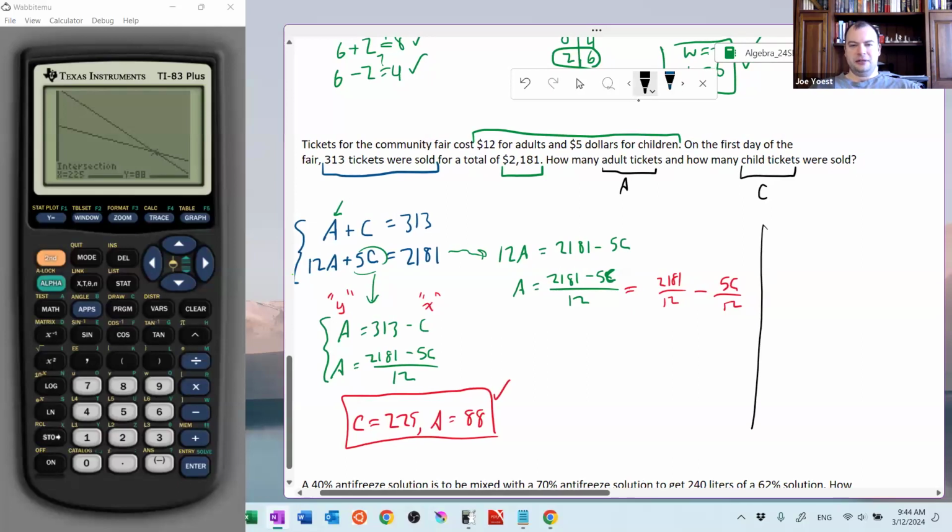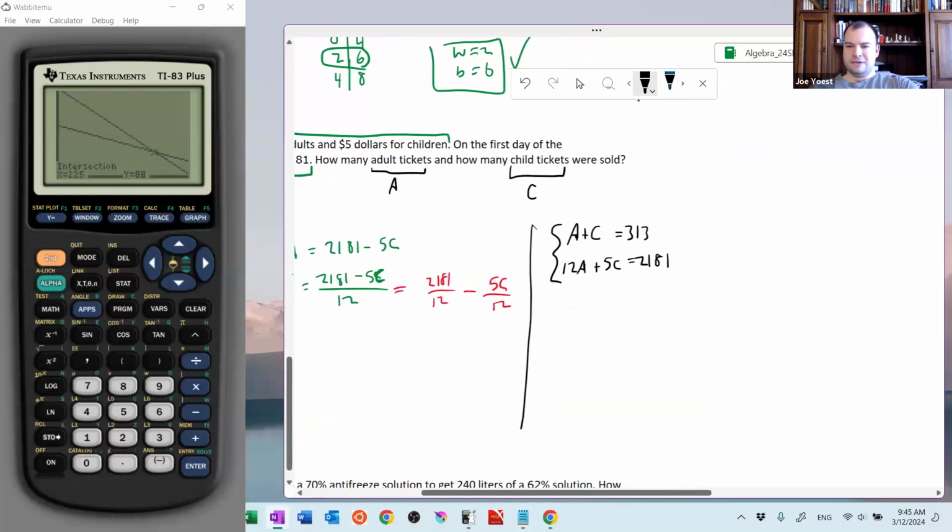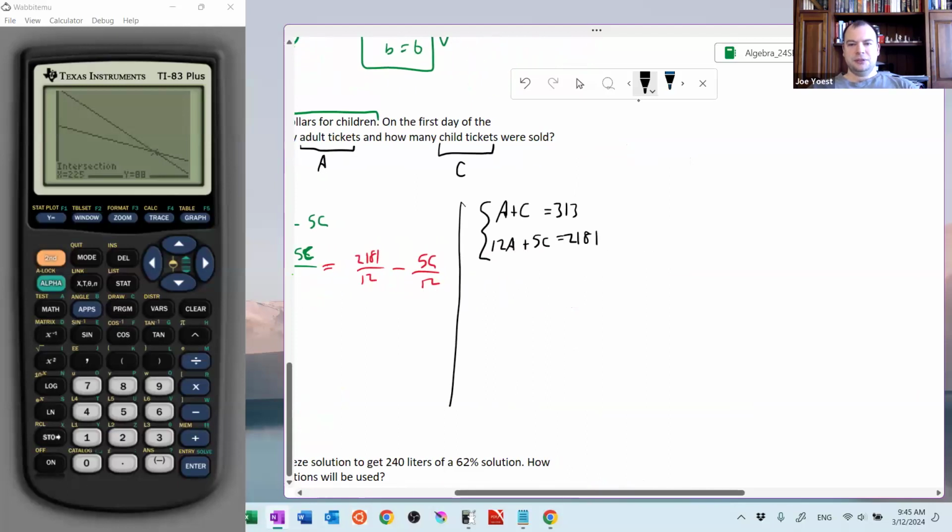Now, if we come over here, as an aside, I'm just going to do this one algebraically as well, just to show another example. So in this case, maybe I'll choose to use the addition elimination method.